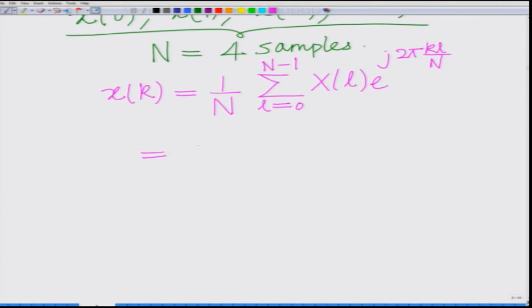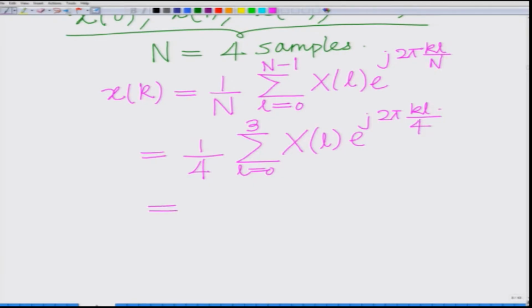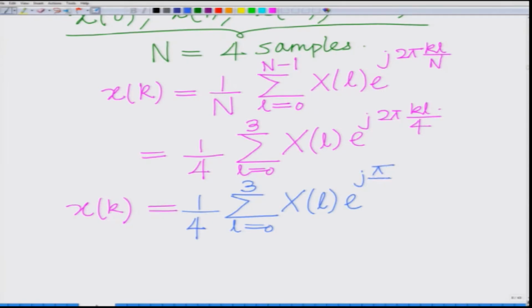So this gives me 1 over 4 summation L equal to 0 to 3 capital XL e raised to j 2 pi kL by 4, which is equal to 1 over 4 summation L equal to 0 to 3 XL e raised to j pi by 2 kL, all right.